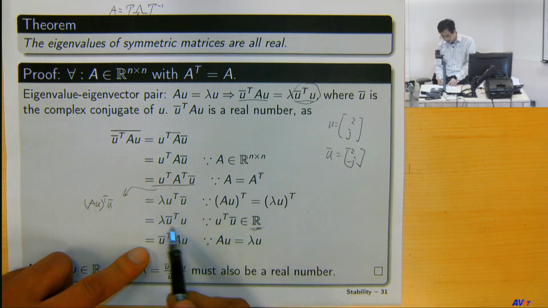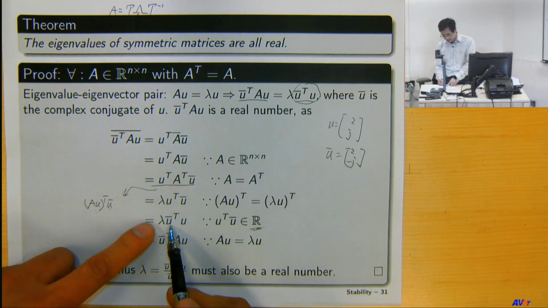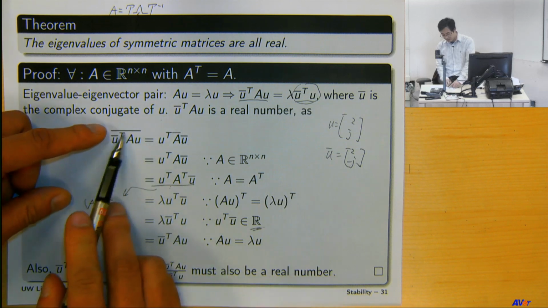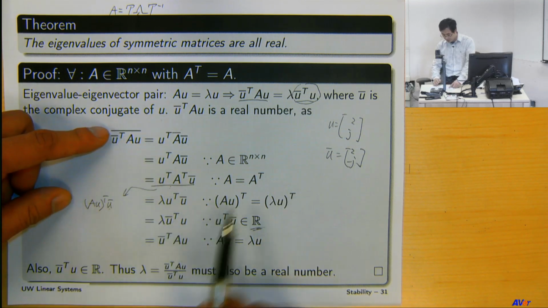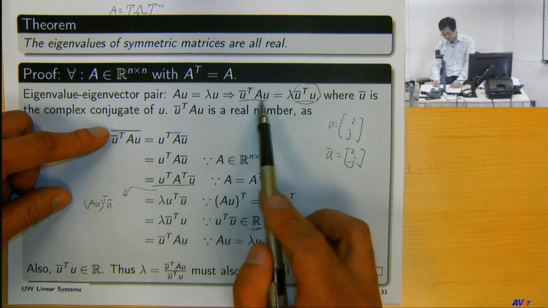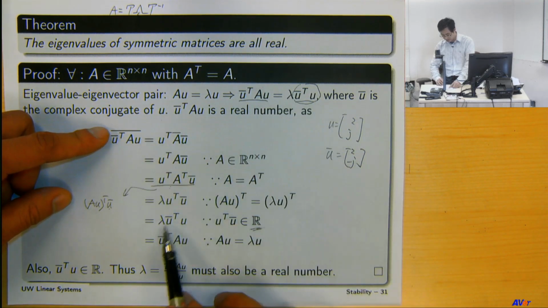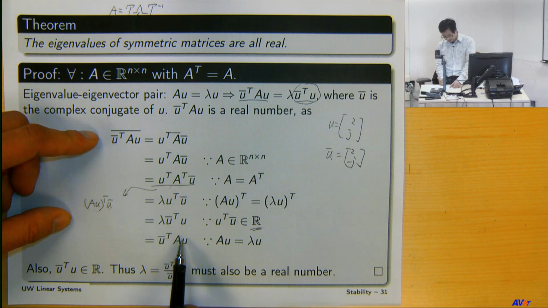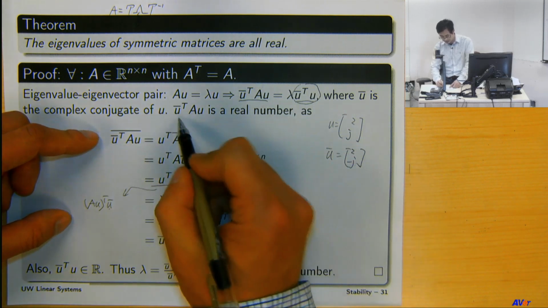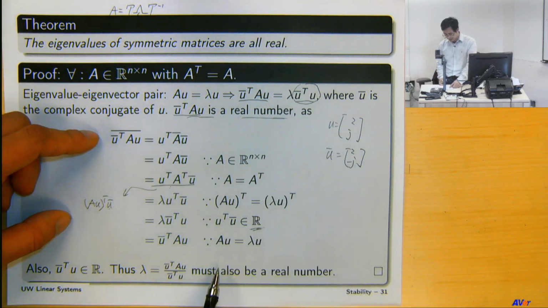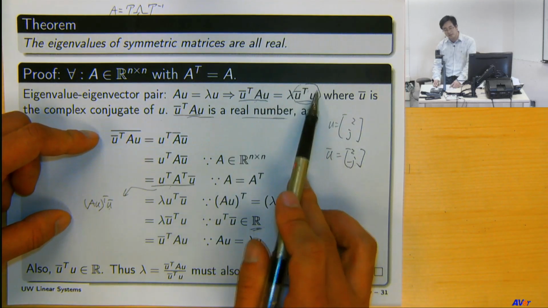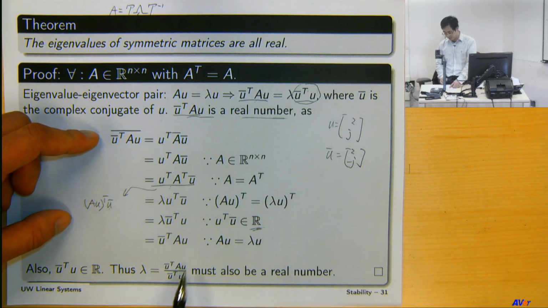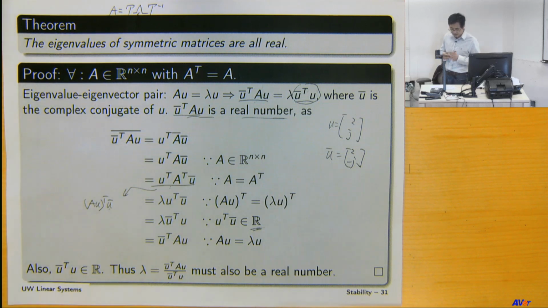And this one over here, you can see that this equals exactly this one. So both of them equal lambda u bar transpose times u. So this is indeed a real number. Real number here, then if you divide them up, it is also a real number. No complex number is going to appear.